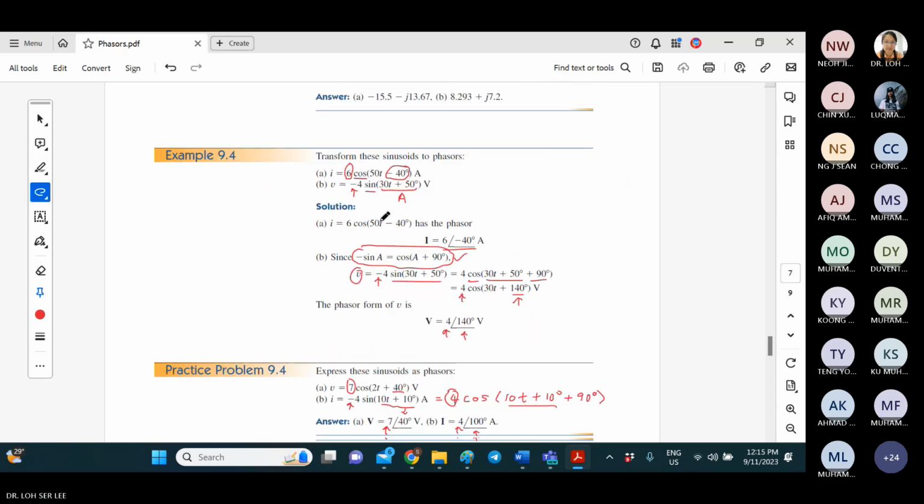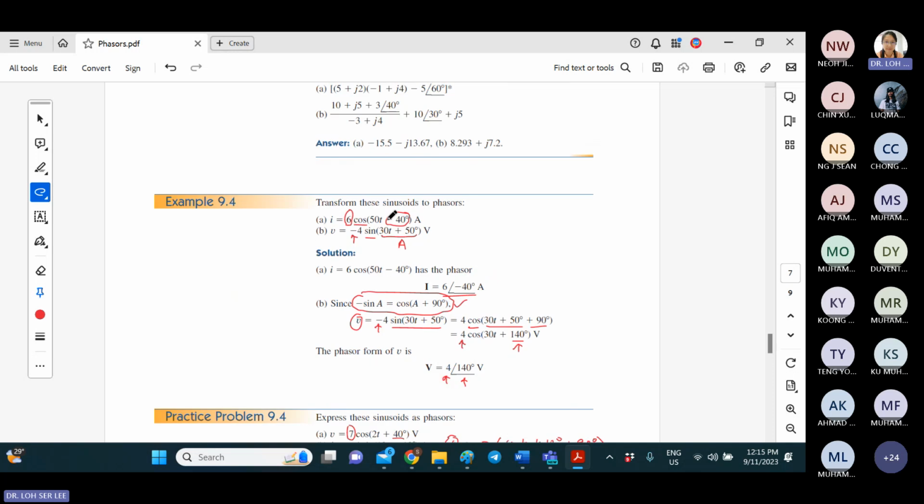And for this one, you are given time domain, you have to find for the phasors. We are converting between two different domains. Am I answering your question? Yes, okay.